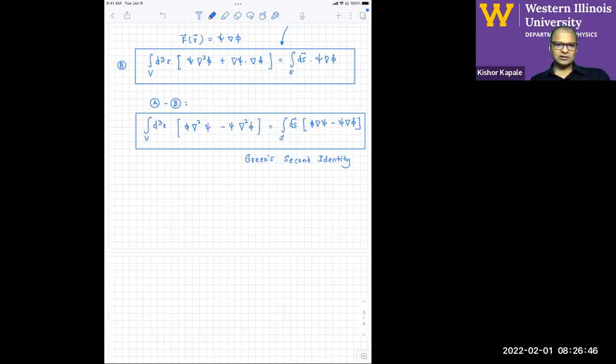Okay, so that's how the second identity looks. We will be using them later on. So, I will point out when the time is right on how to use them and what to make of them. But these apply to any set of two scalar fields, right? So these are very, very general, and that's the power of these things.